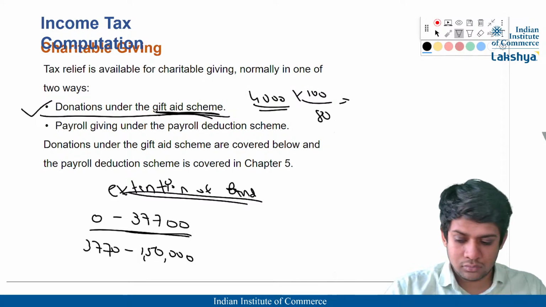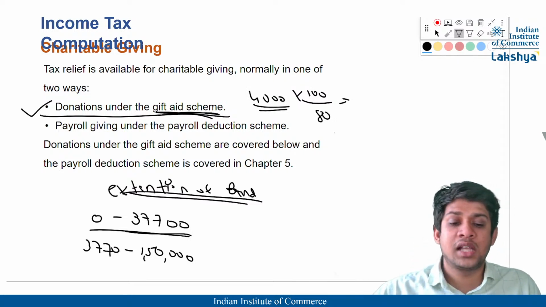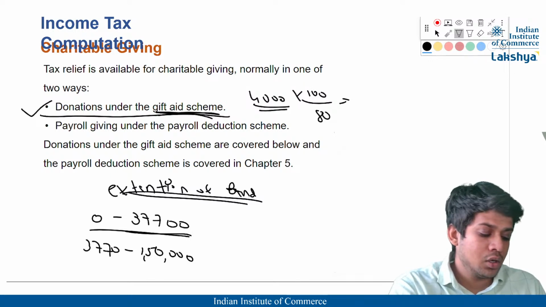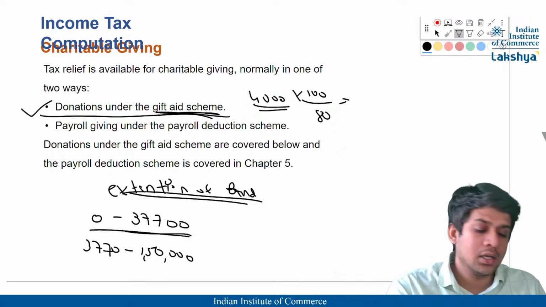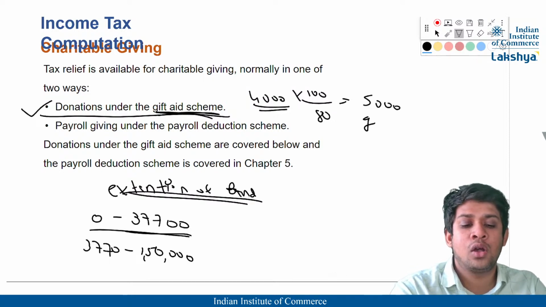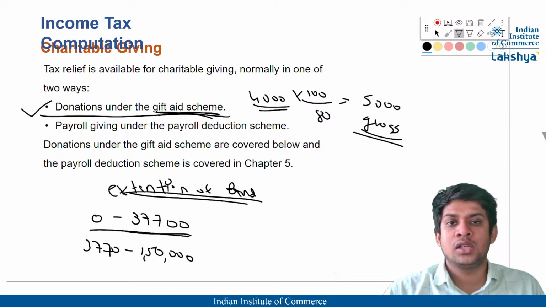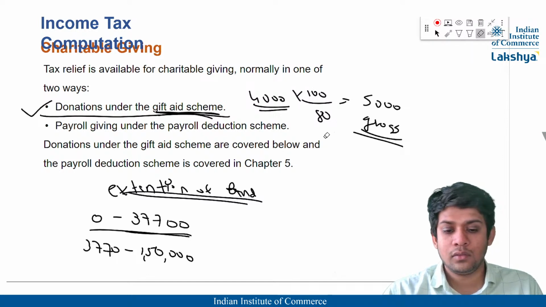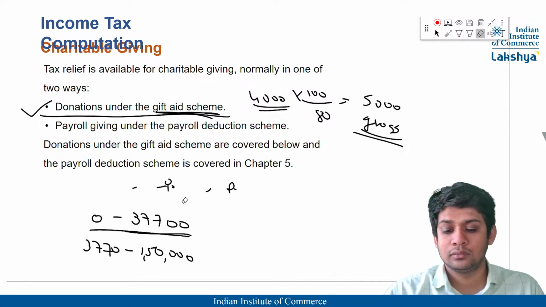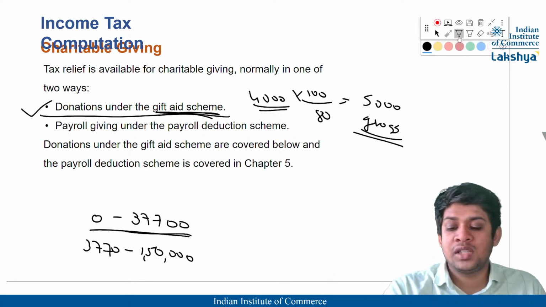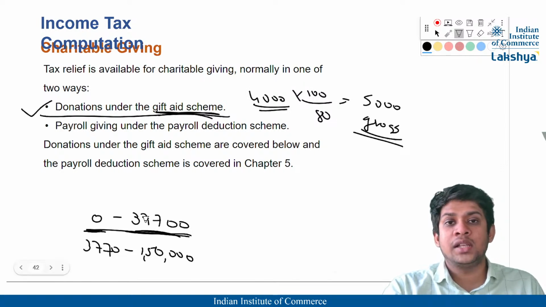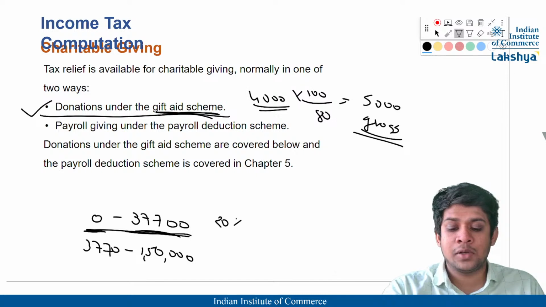Because 20% is given by the government, 4,000 into 100 divided by 80 is 5,000, the gross contribution towards the Gift Aid scheme. So I will get relief for it in the form of extension of the band. How will I extend it? Technically, from zero income to income of 37,700, I was being charged at 20% tax.